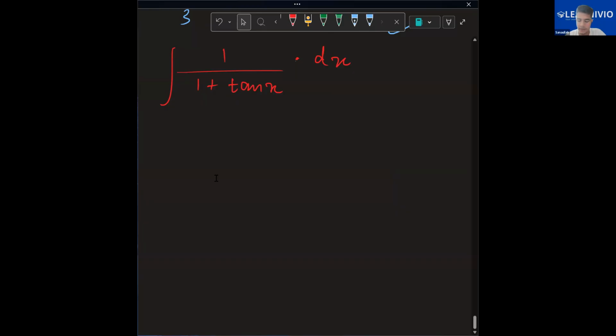So in trigonometric functions, अगर trigonometric functions आ रहे हैं आपको integration में, so the most basic step is to convert those things into sin and cos. उसके बाद थोड़ा simplify करो, आ जाएगा आंसर.